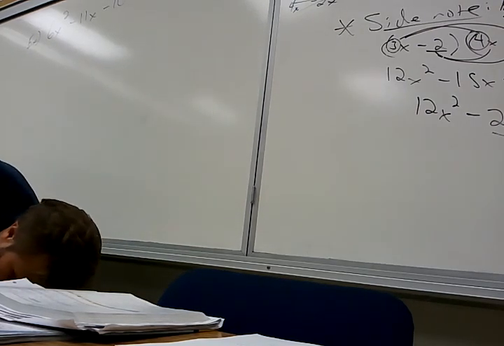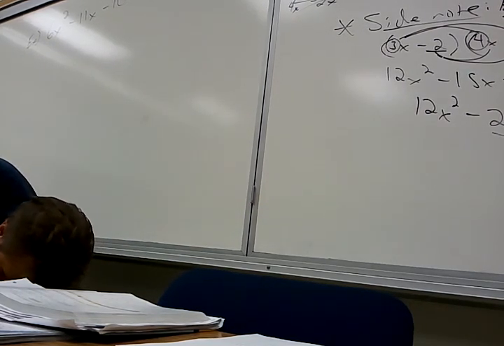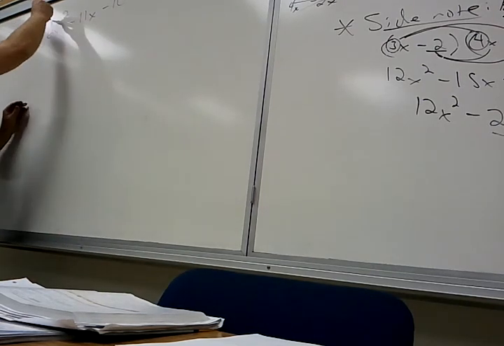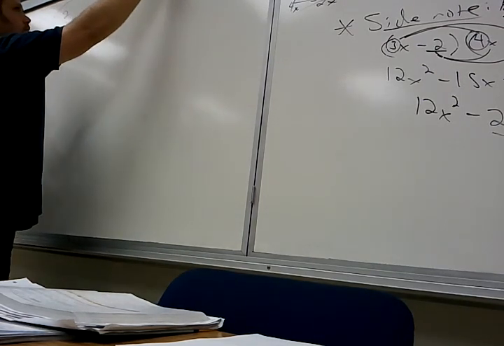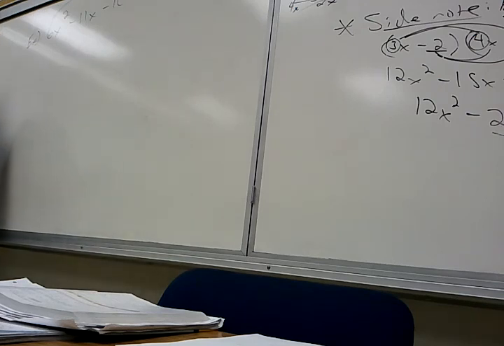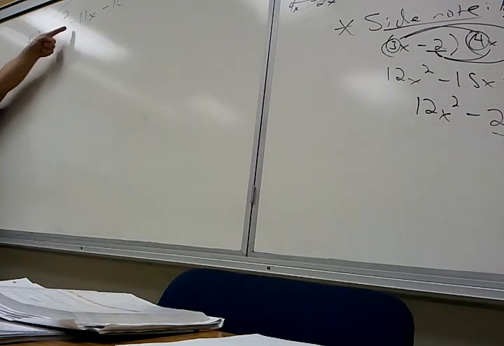Good. Yeah, it won't be -60. Just to make sure everybody's on the right first step. First step is that: find factors of that make 11. And some of you guys might remember we did that earlier today.